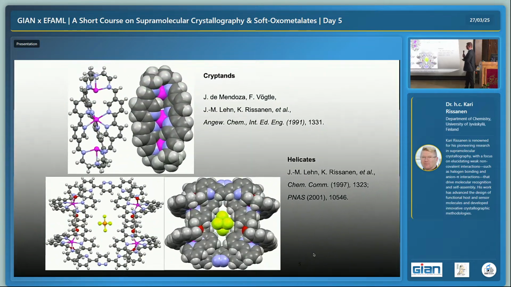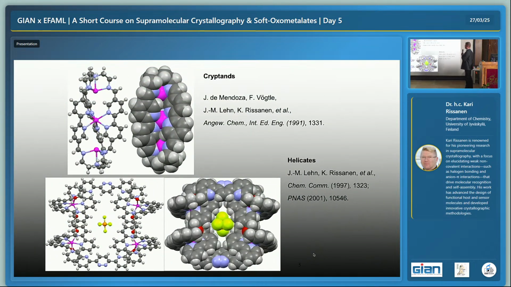So this work is my first primary. Helicase.